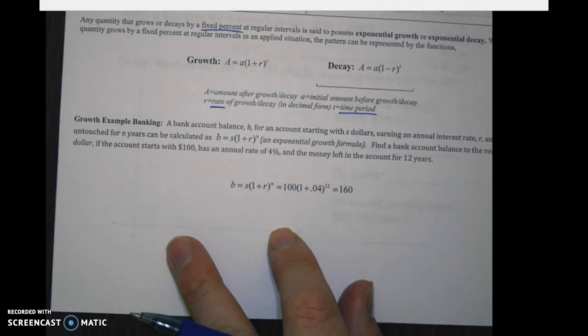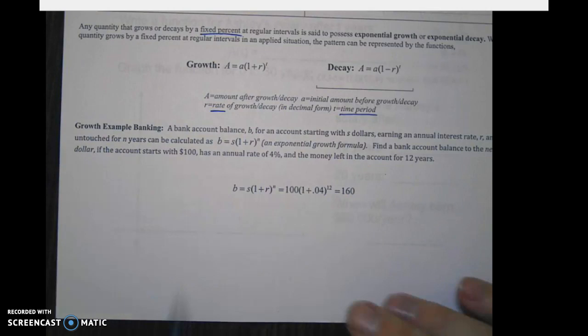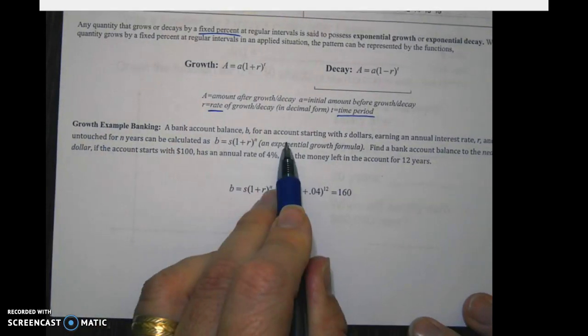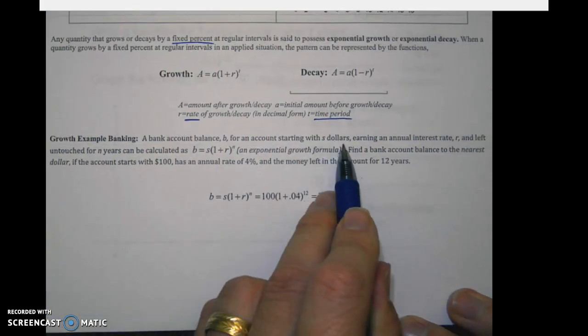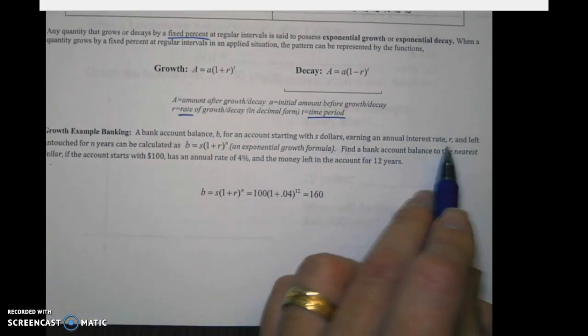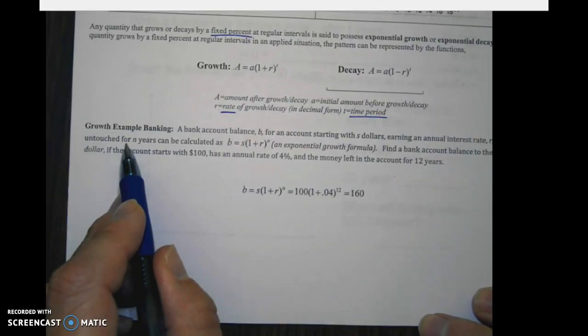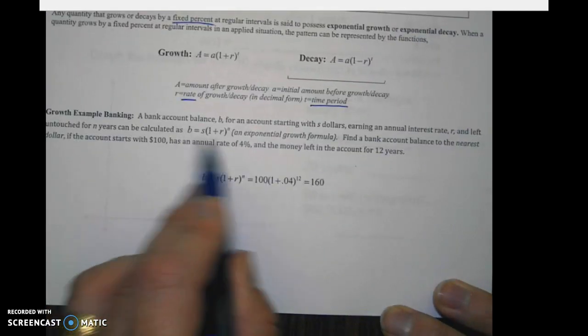So here's an example, a banking example of growth. A bank account balance B for an account starting with S dollars, earning an annual interest rate r, and left untouched for n years can be calculated as this equation.